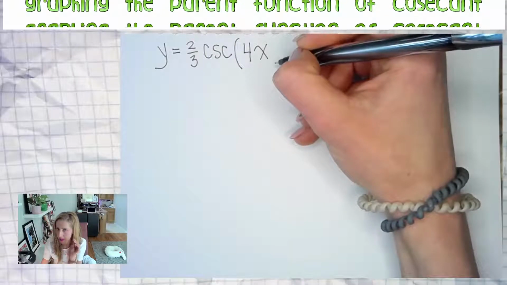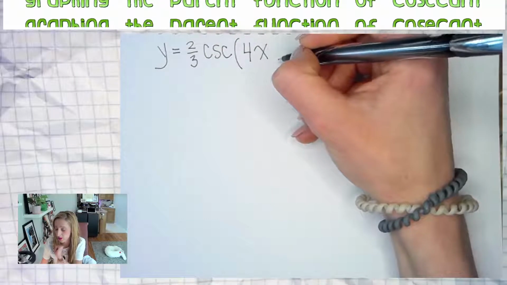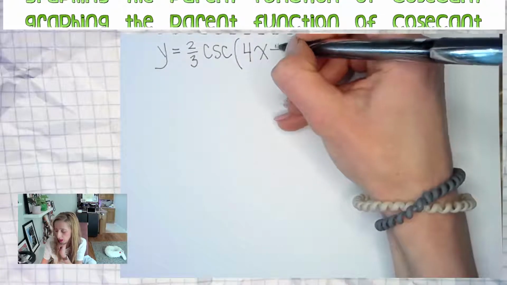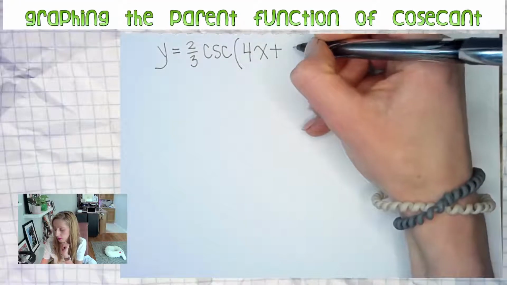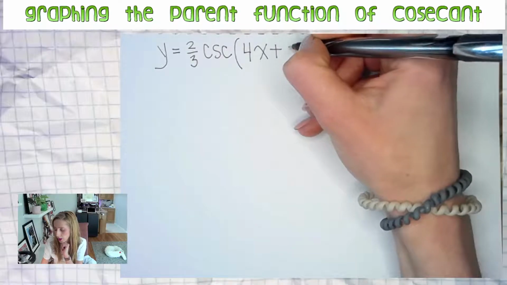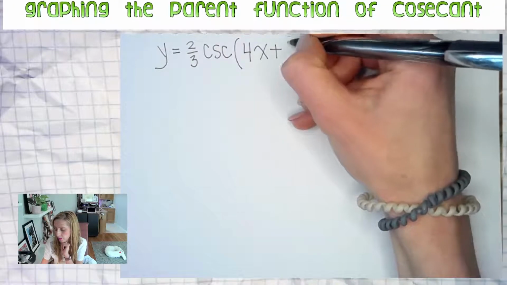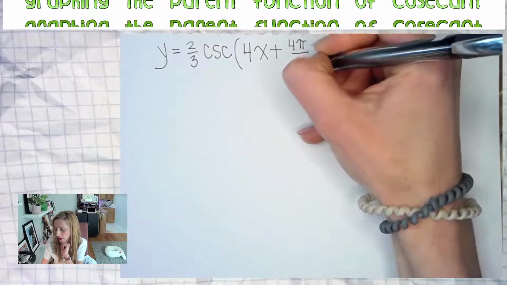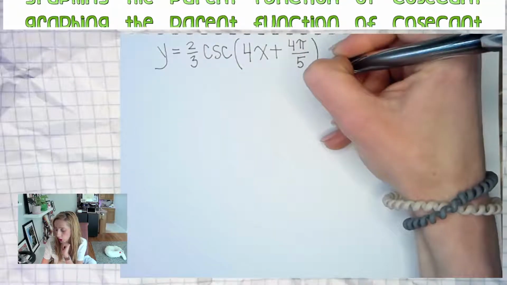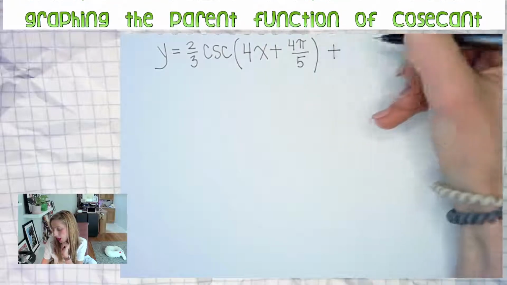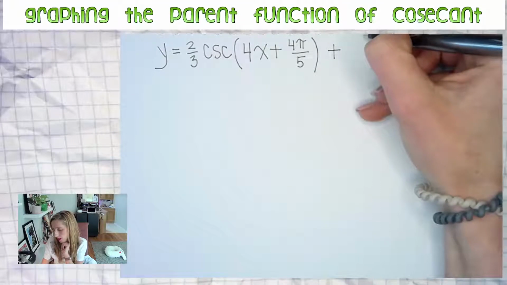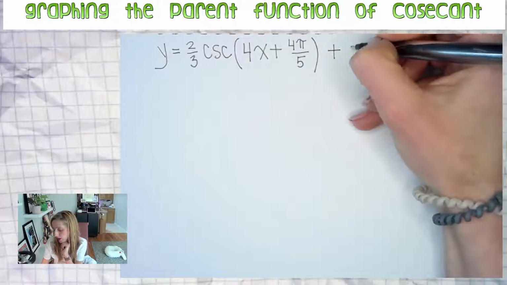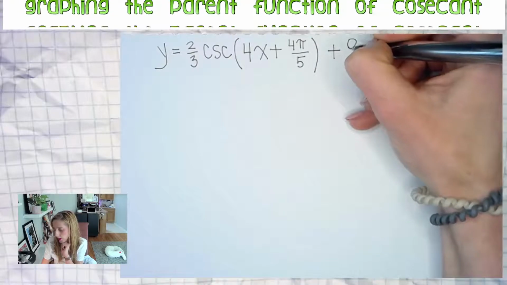It's going to be like a light version of something that can be very confusing. Plus 4 pi over 5 close plus, you know, I don't like to repeat a digit, so let's do 8.